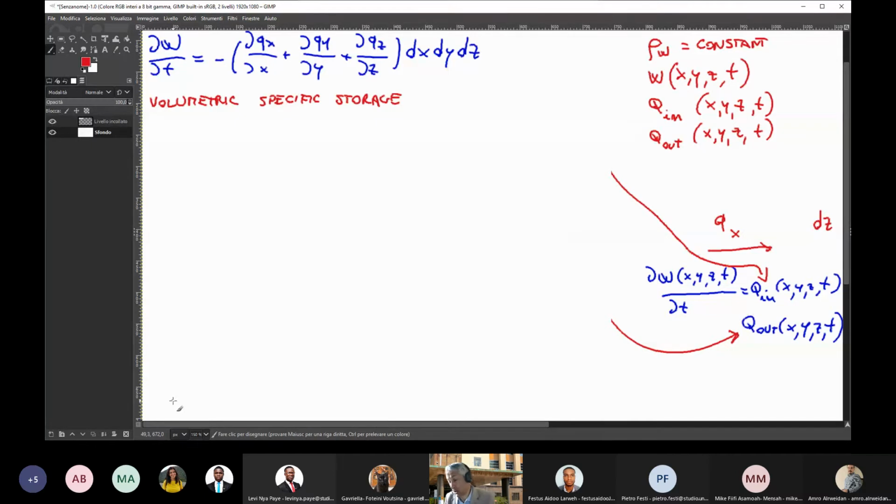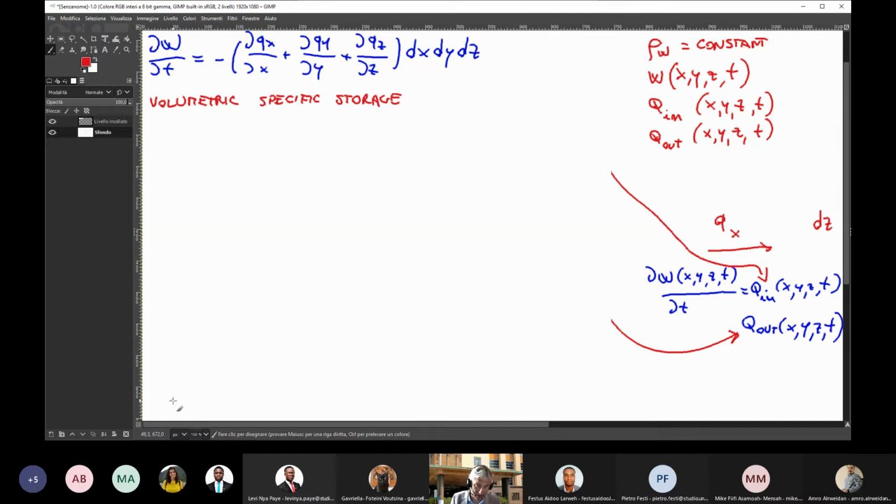So let me then introduce this definition, which I put in red: volumetric specific storage, which you can also simply call specific storage. What is the specific storage? It is defined as the volume of water that an aquifer releases from storage.